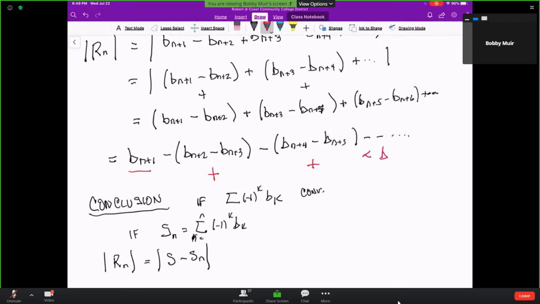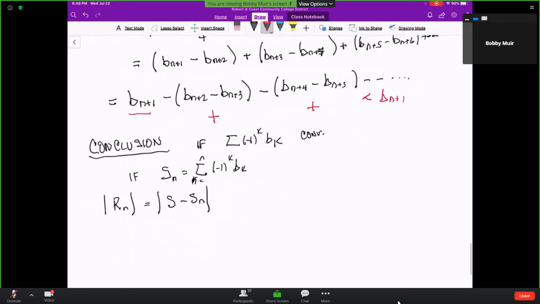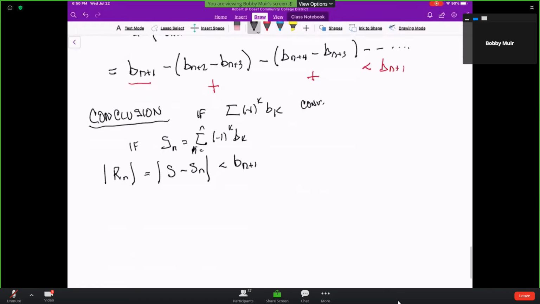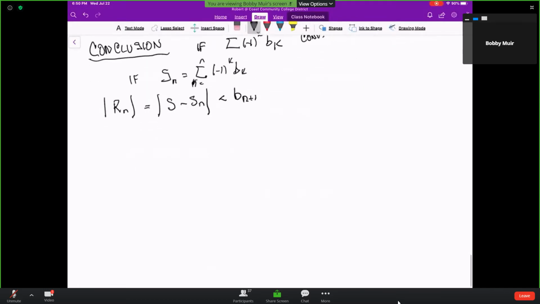So it's going to be less than b n plus 1, all right? So that means that the error term is less than the b n plus 1 term. All right? So that would be the answer for that? Well, that's how you estimate the sums. Oh, okay.